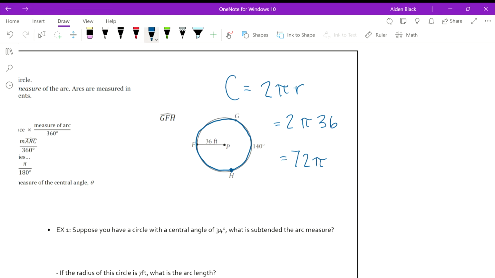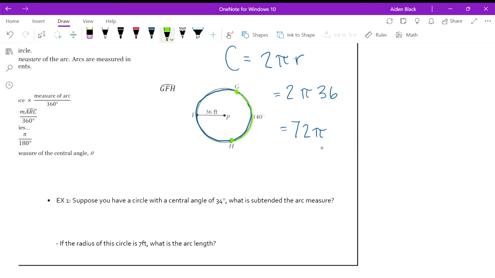That's the entire circumference, but if you were just interested in finding, let's say in this case, GH, what you would do is you would take the amount of that circle compared to the whole thing, that's this ratio right here, and you would multiply it by the entire circumference.